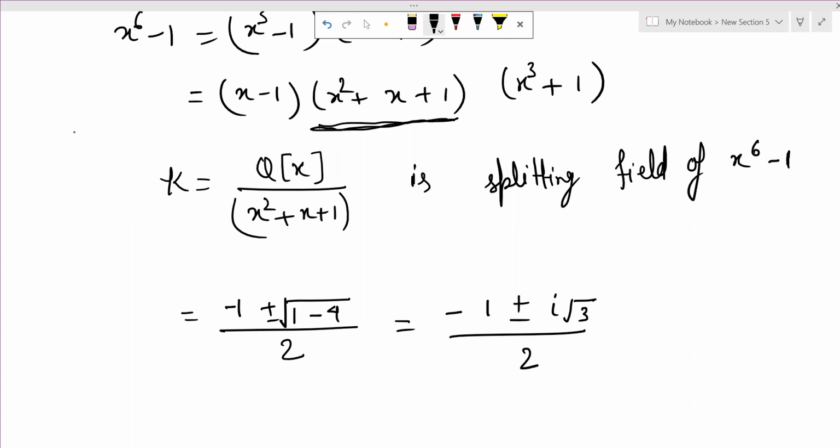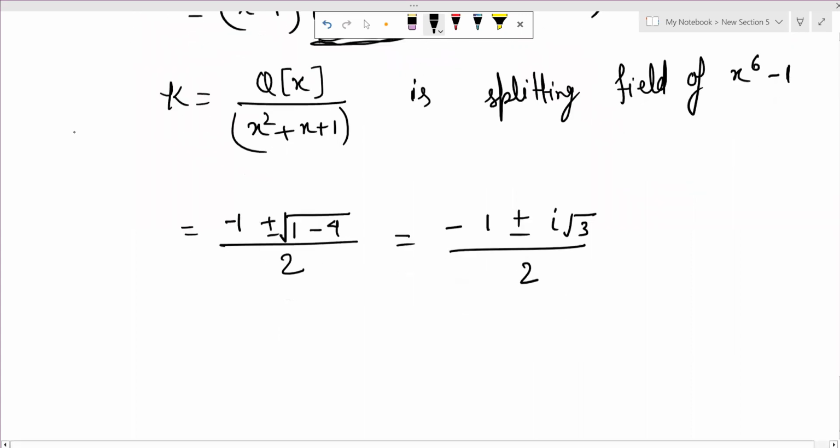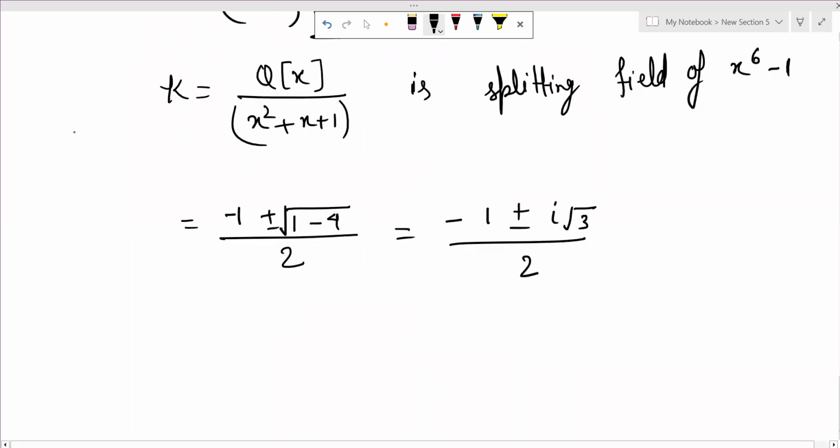So what are the roots of x cube plus 1? How will you compute the roots of x cube plus 1? x cube equals to -1, right? So tell me, what is -1?